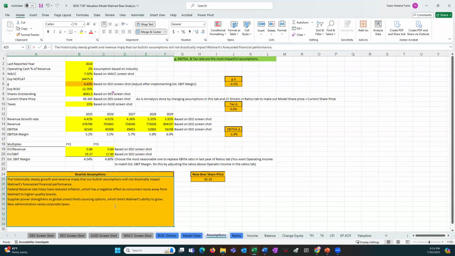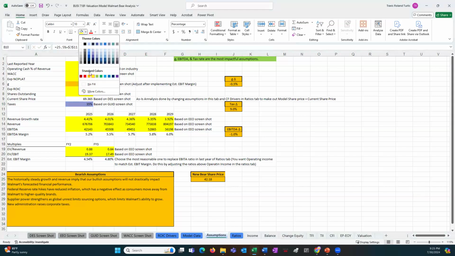Actually, we may have forgotten to put the note here, but the increase in taxes is associated with a more liberal-leaning win in the upcoming election. Their intended increase in corporate taxes obviously impacts it. I should label this orange like the others. It increases taxes from 25.5 to 35%, which has a major impact on the share price. And then some opposite effects in terms of growth and margin associated with that supply chain.